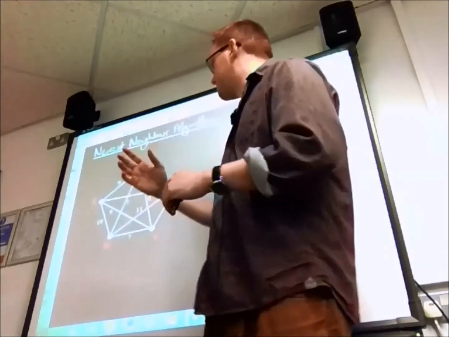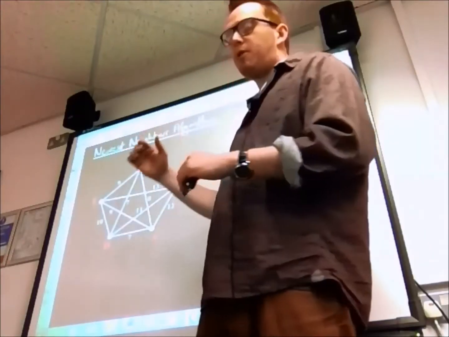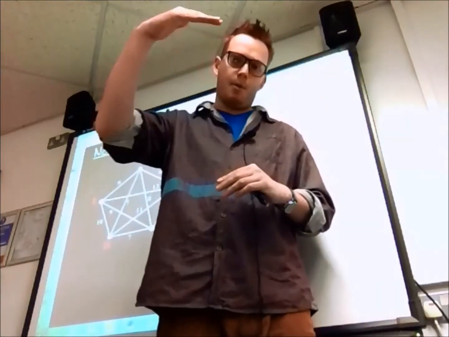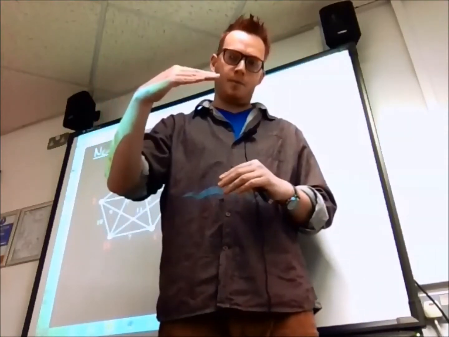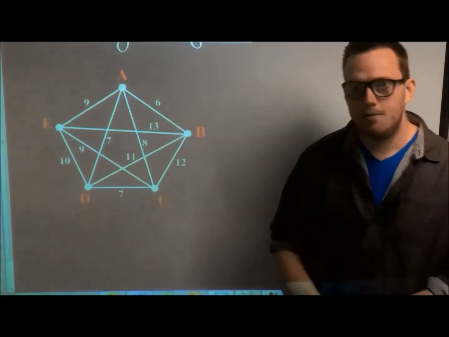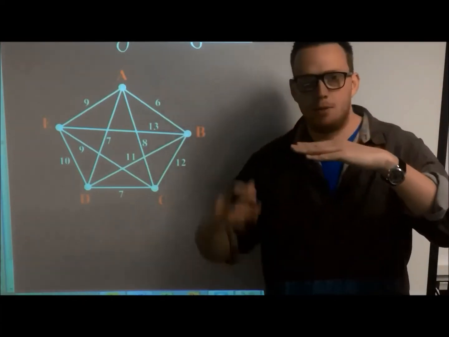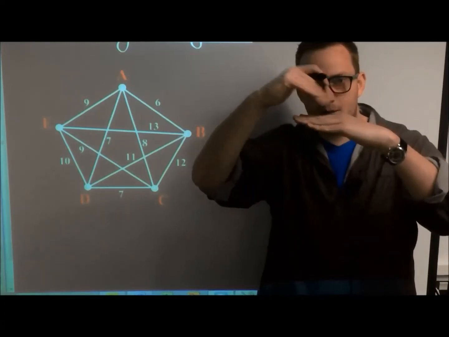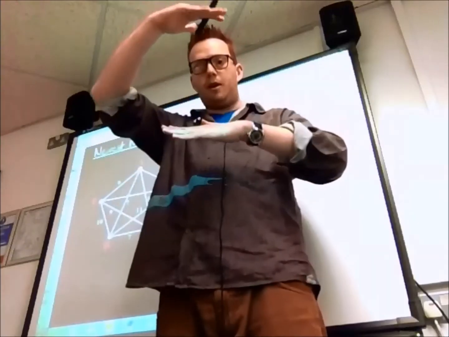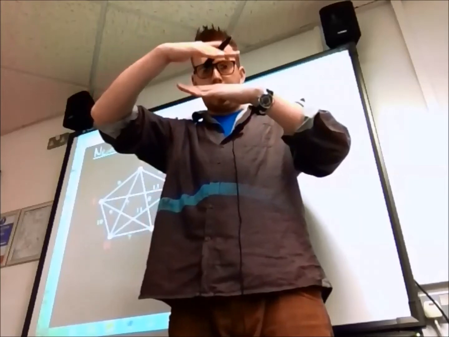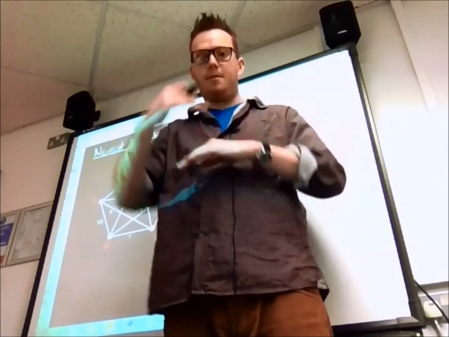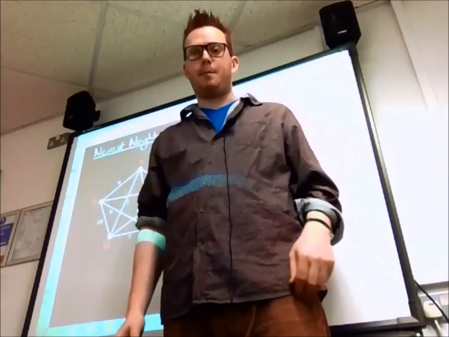So first of all, we're going to use the nearest neighbour algorithm to find an upper bound, and we want to make that upper bound as low as possible. And then we're going to use another algorithm to find the lower bound, and we're going to try and make that lower bound as high as possible. And then the actual optimal answer will be between the two. So we're going to try and get to our optimal answer by closing the upper and lower bound and trying to close that gap up.